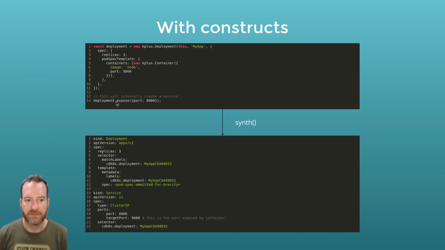And then it gets this expose function. And internally, when I call this expose, it'll create a service for me that's automatically wired up with the deployment and everything. So once I have all these constructs built, I pass it to a synthesize routine, which will then spit out a bunch of YAML that I can then hand over to Kubernetes using a kubectl command or GitOps or whatever your normal CI/CD pipeline is for these types of things.